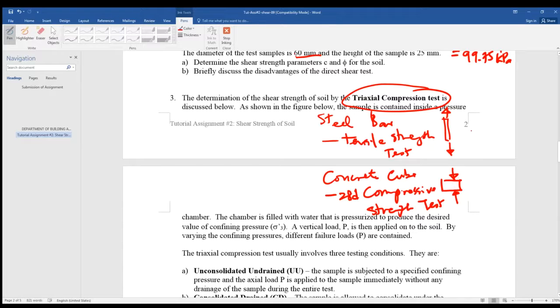Now, this is uniaxial testing. Sorry. Uniaxial test.